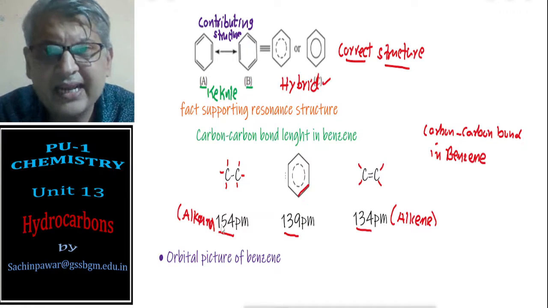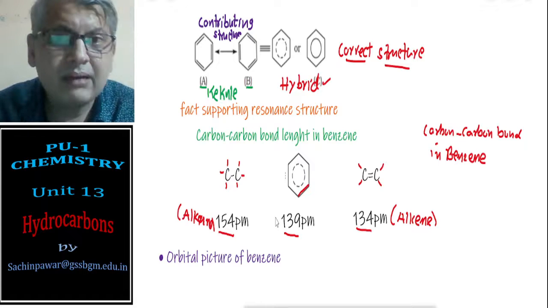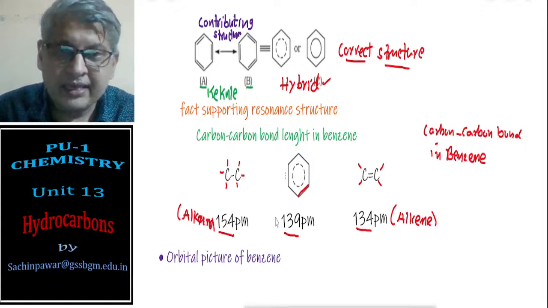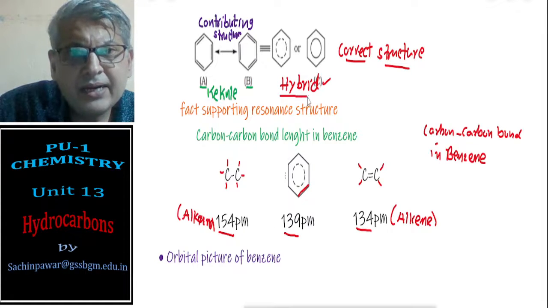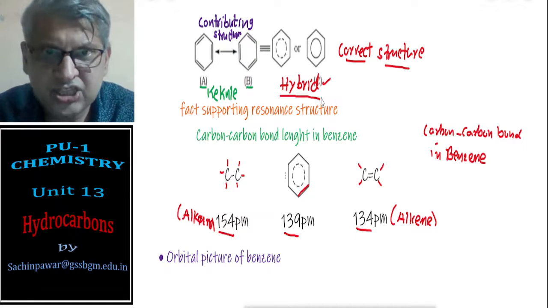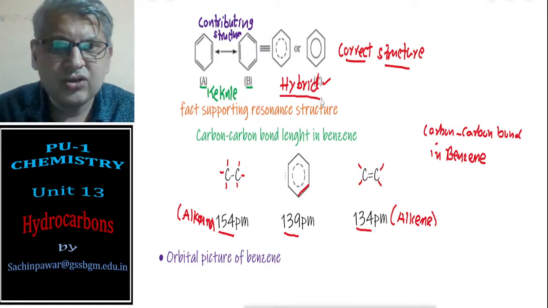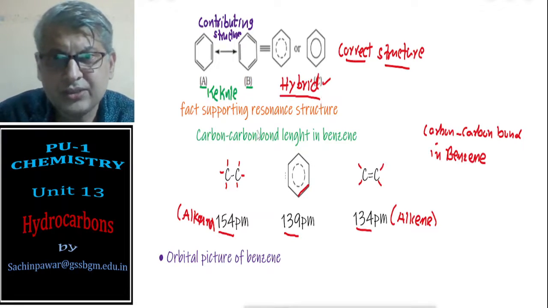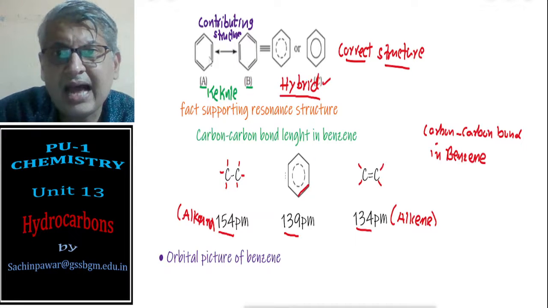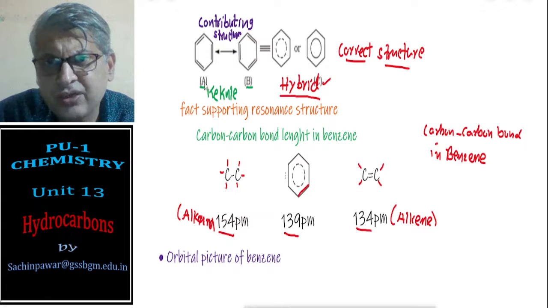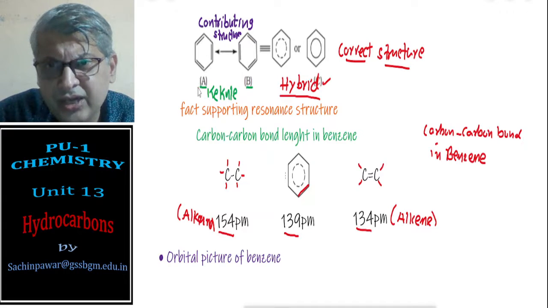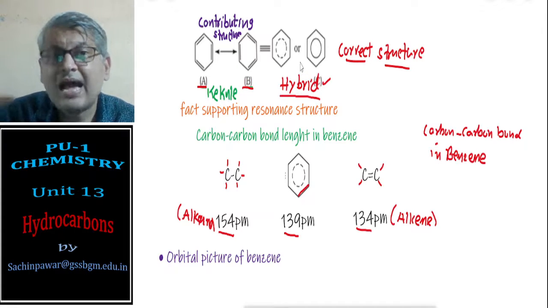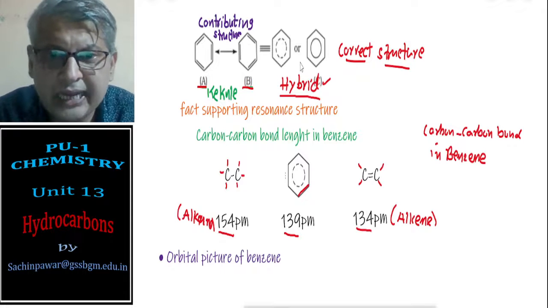And objection number 2, that is why it is not decolorizing the bromine water and alkaline KMnO4, is overcome if you consider the hybrid structure of benzene. And this completes the Kekulé structure of benzene, supported by resonance. So we can write the structure of benzene as either structure A or structure B, but the most correct structure would be structure C, which is a resonance hybrid. And this is about the Kekulé structure of benzene.